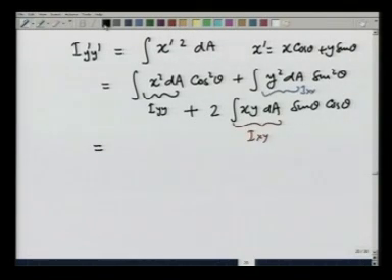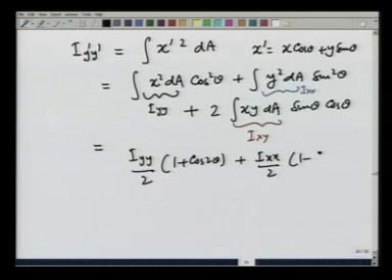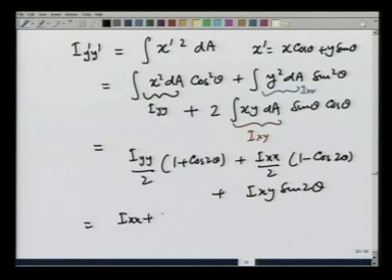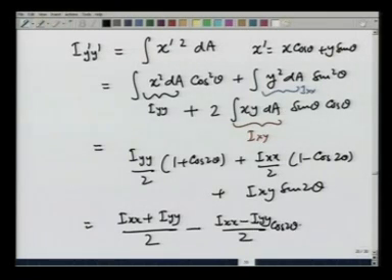So, this whole thing can be written as I y y over 2 times 1 plus cosine 2 theta plus I x x over 2 times 1 minus cosine 2 theta plus I x y sine of 2 theta, which is nothing but I x x plus I y y divided by 2 minus I x x minus I y y divided by 2 cosine 2 theta plus I x y sine of 2 theta.